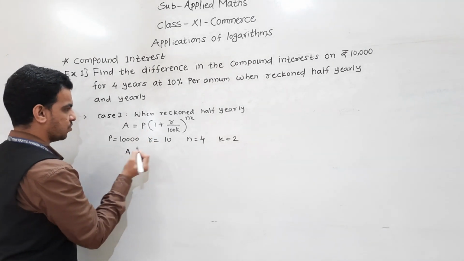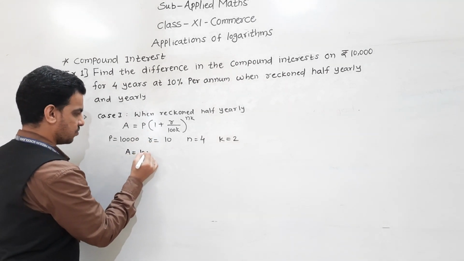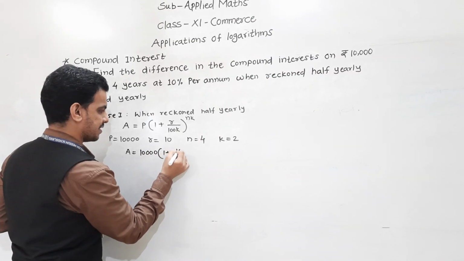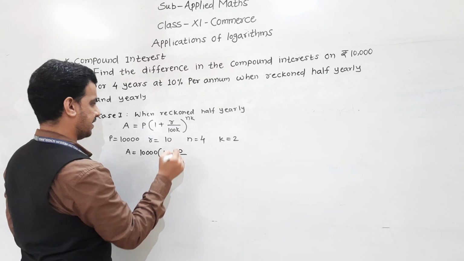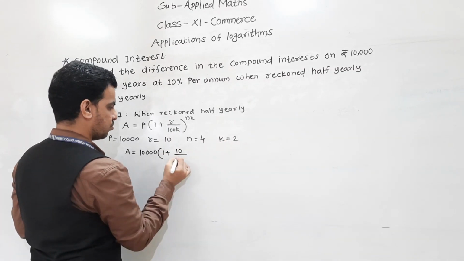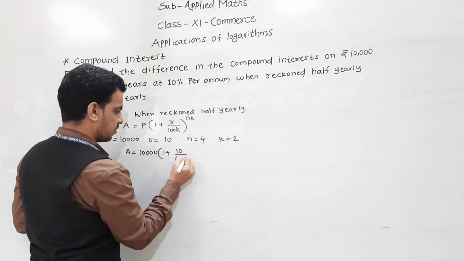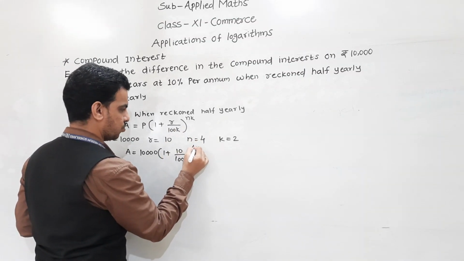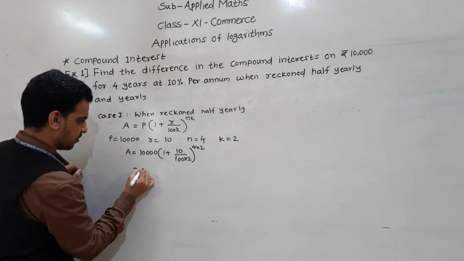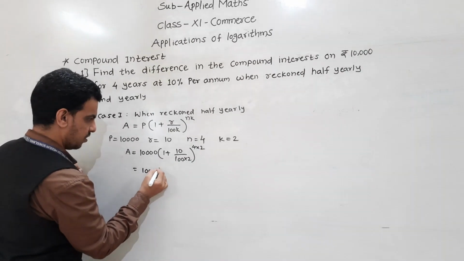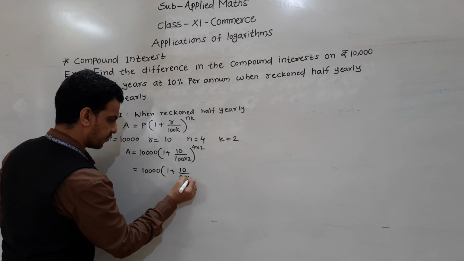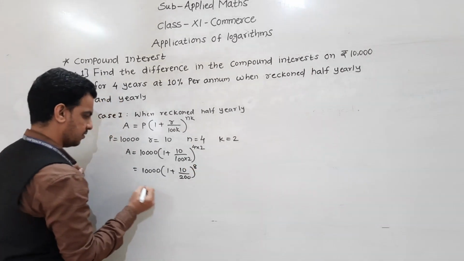So A is equal to 10,000 into 1 plus R is 10 upon 100 into 2, raised to NK, so 4 into 2. If we simplify this, 10,000 into 1 plus 10 by 200, raised to 8.